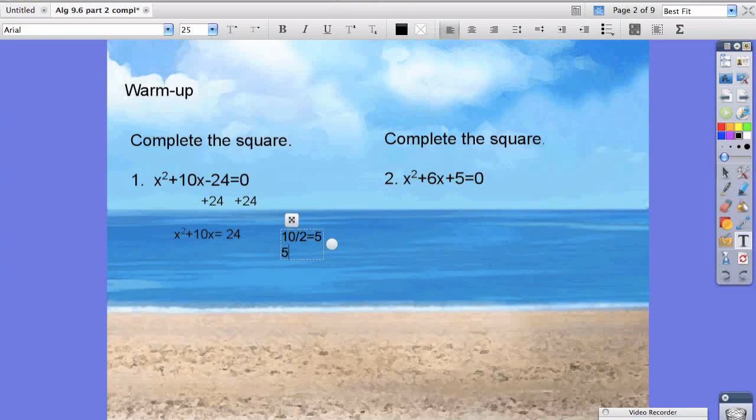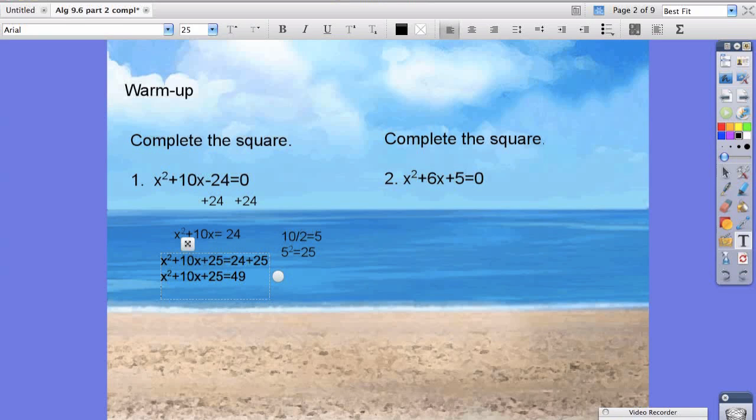Then we take 5 and square it, which is 25. Then we add that to both sides of the equal sign. So x squared plus 10x plus 25 equals 24 plus 25. Now we're left with x squared plus 10x plus 25 equals 49.